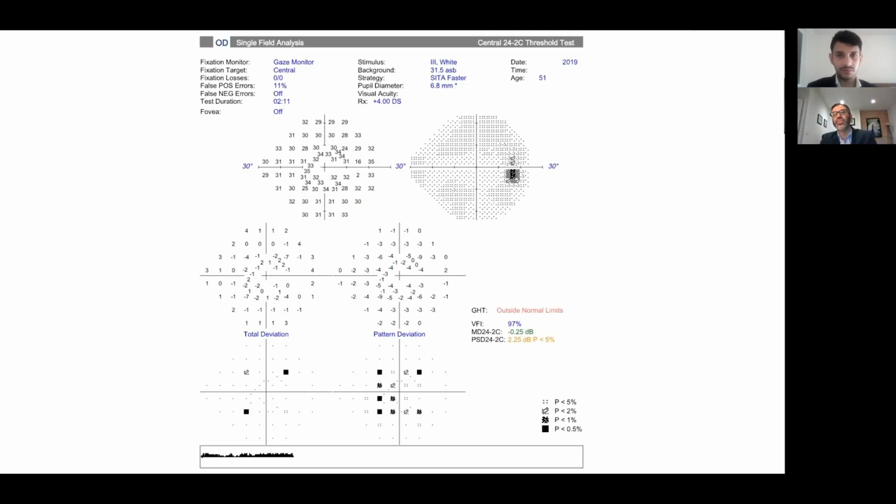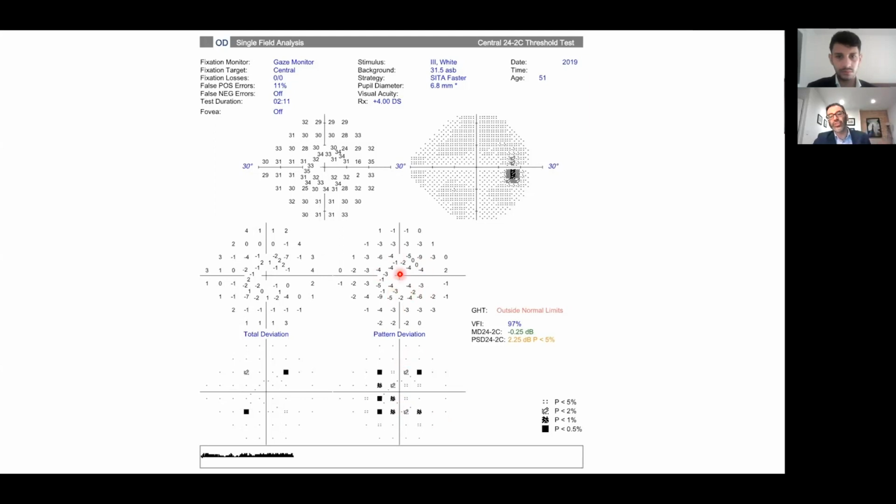So this is the visual field here in the right eye. And as you can see, we did run the 24-2C protocols. Centrally, we do see a few spots. So it is one of the things that we have noticed here centrally. So let me pull my laser pointer here. So there you go. You can see these central spots are flagged both on paracentral areas, but also those central points.